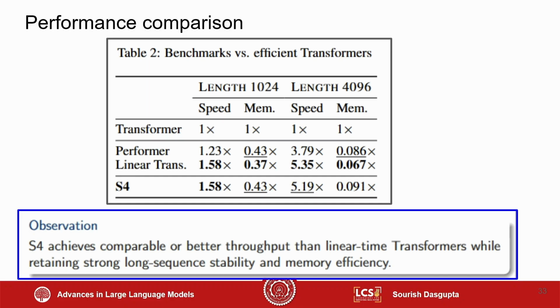So they took 1024 length context, and then they also took 4096 length context, and then they tried to see how fast S4 is as compared to, let's say, linear transformers, which are linear time, and they try to see how good they are. It's quite comparable as compared to the speed, right?